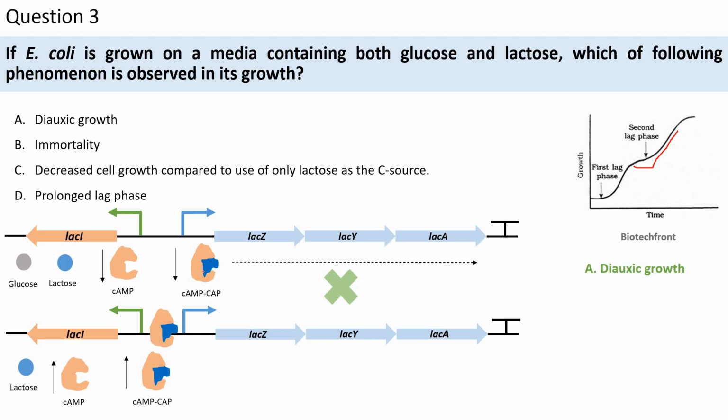This will bind to the promoter region or upstream region of the operon. So it acts as an activator. The RNA polymerase will come and bind to the promoter, transcription happens, and hence translation. Therefore, lactose gets metabolized by the lac genes that are translated.